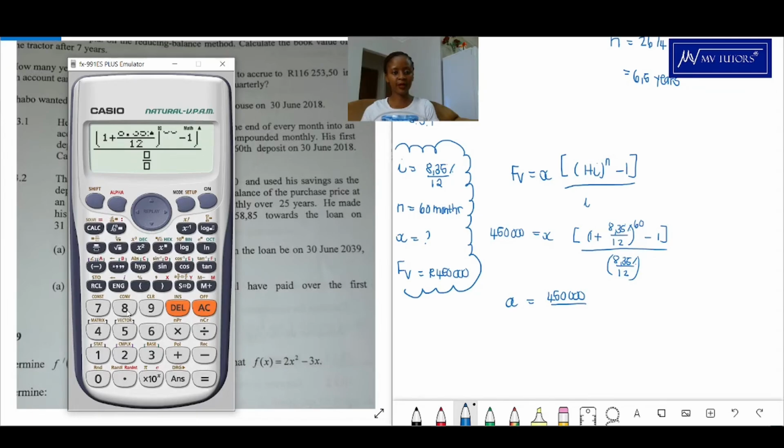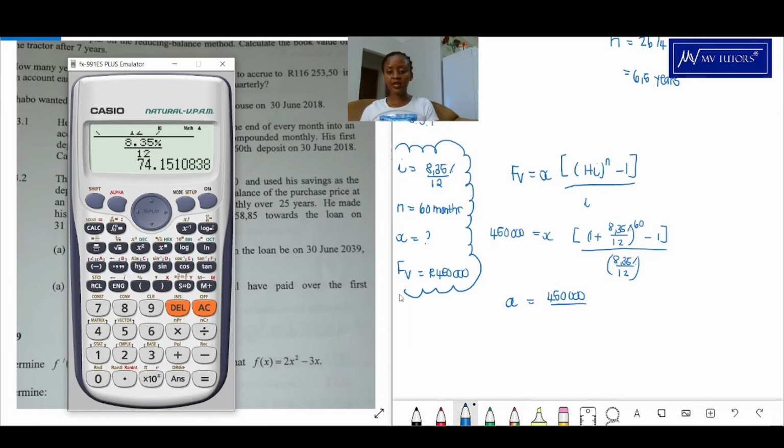At the bottom we have 8.35% divided by 12. Let me remove this bracket here. So we have 74.15.